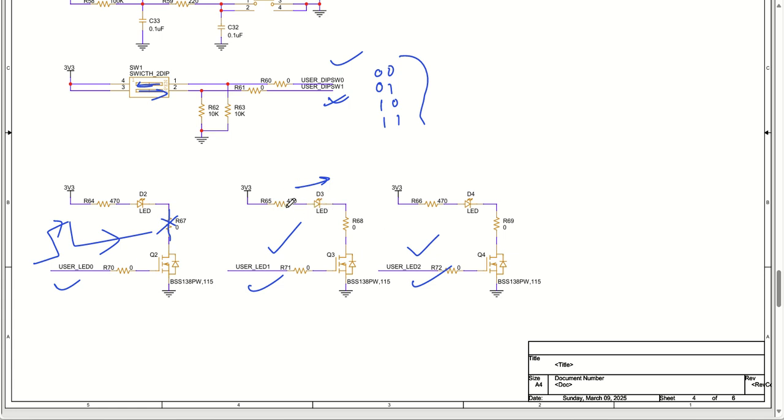Or if you want to drive this LED by 5 volt, this particular 3.3 volt can be made 5 volt also, and this is how this LED will be driven by a 5 volt or VCC signal. All right, so this was all about the user IOs, LEDs, push buttons and everything that we have just seen.